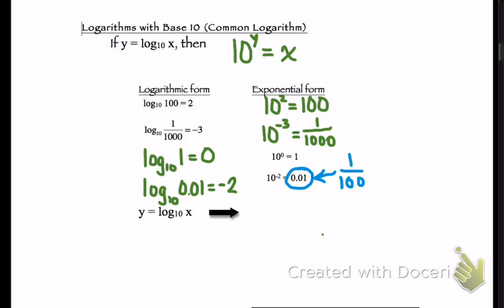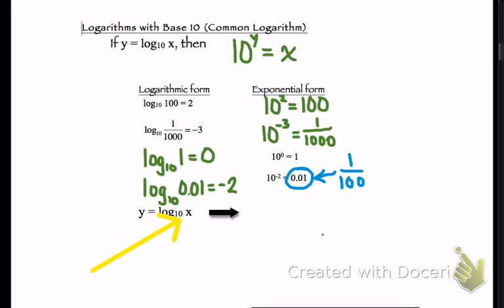Good news is that your calculator will do logarithms for you. Bad news is that your calculator will only do logarithms that are in base 10. It only knows base 10, so it has its limitations.